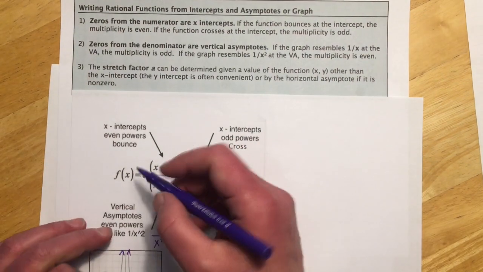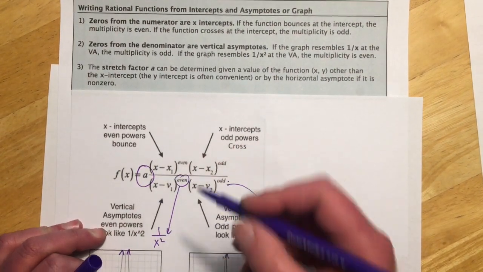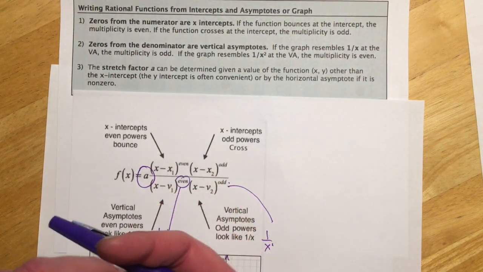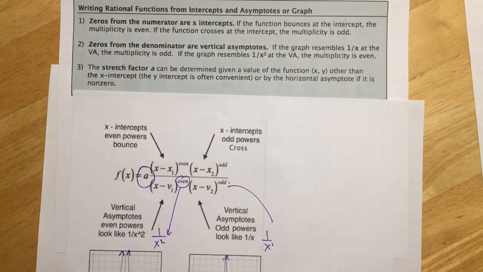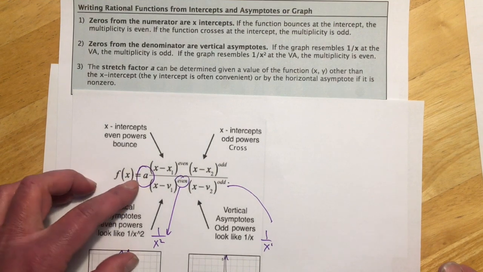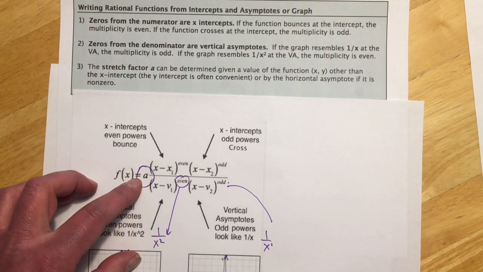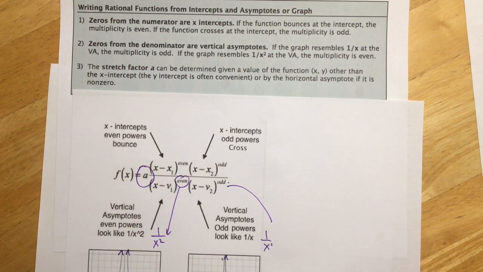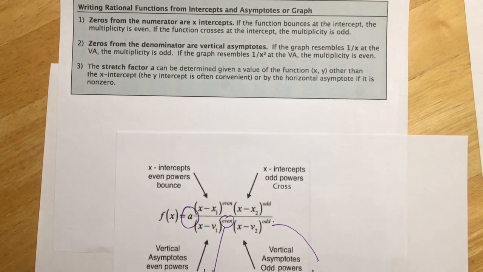We can have a value out in front of the equation that does the vertical stretch, the same as we saw back in 1.5. And a lot of these, for find the equation, we're going to be solving for that stretch factor. So let's see what that looks like with an example.